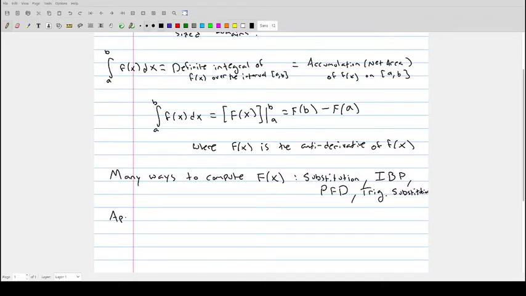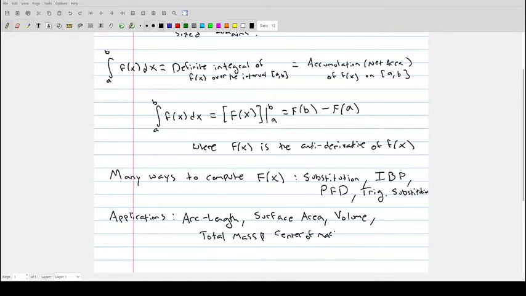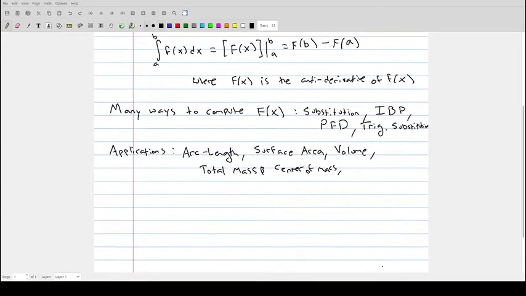So applications include arc length, surface area, volume, the center of mass, the total mass, and the center of mass of an object, moments of inertia, and we can also use this to get the probability of a certain scenario if f is a probability density function.